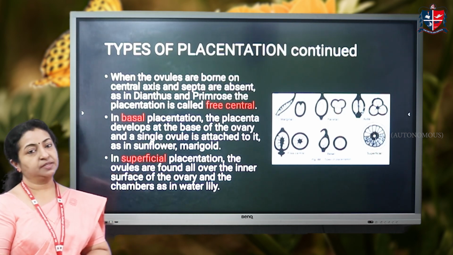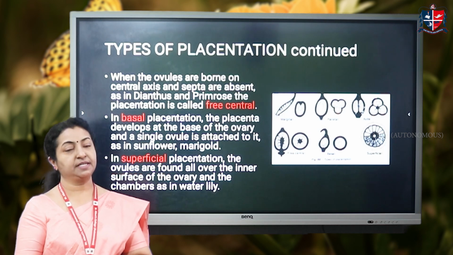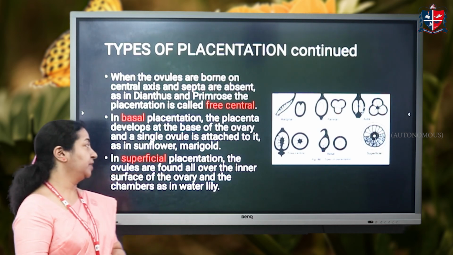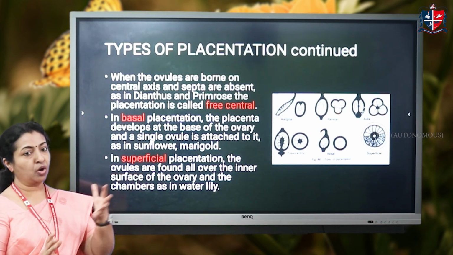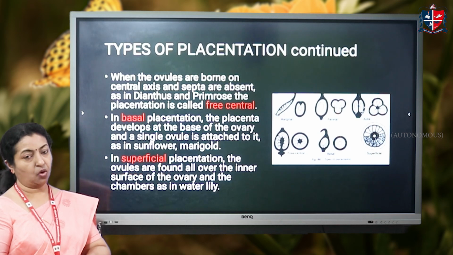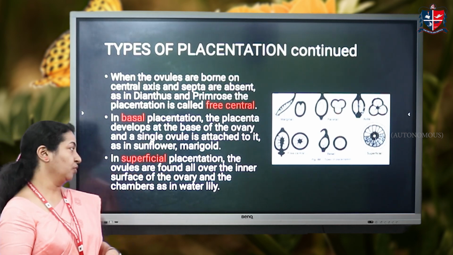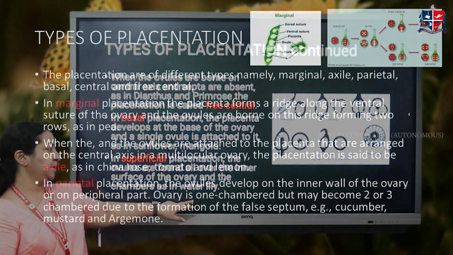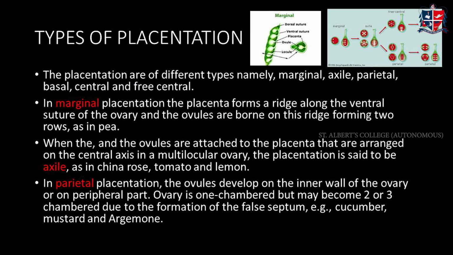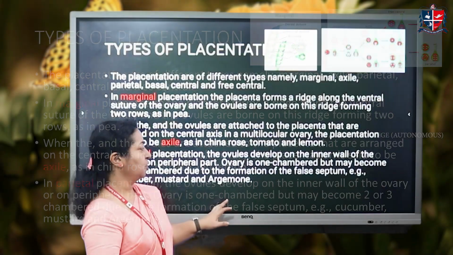The last one is a rare one, the superficial placentation, where you have the placenta found all over the inner walls as well as the chambers and the axis of the ovary, as in the case of water lily. So here, thus we have learned the different types of placentation: marginal, axile, parietal, basal, free central and superficial. The diagrams show the arrangement of the ovules.